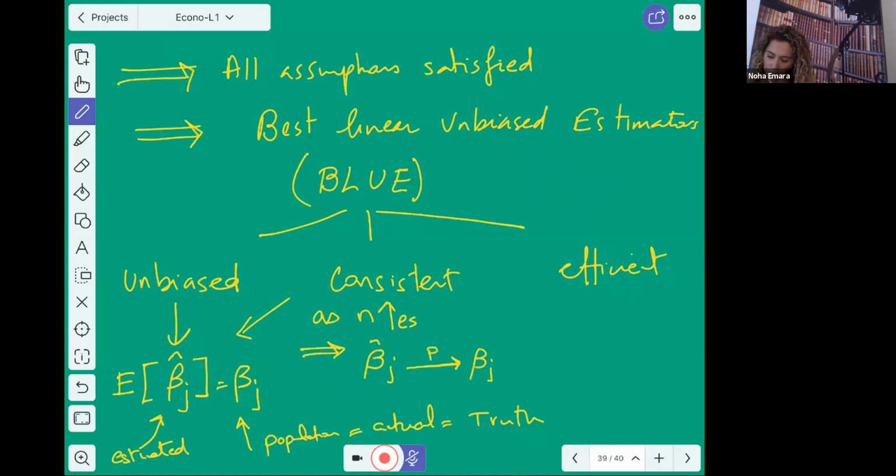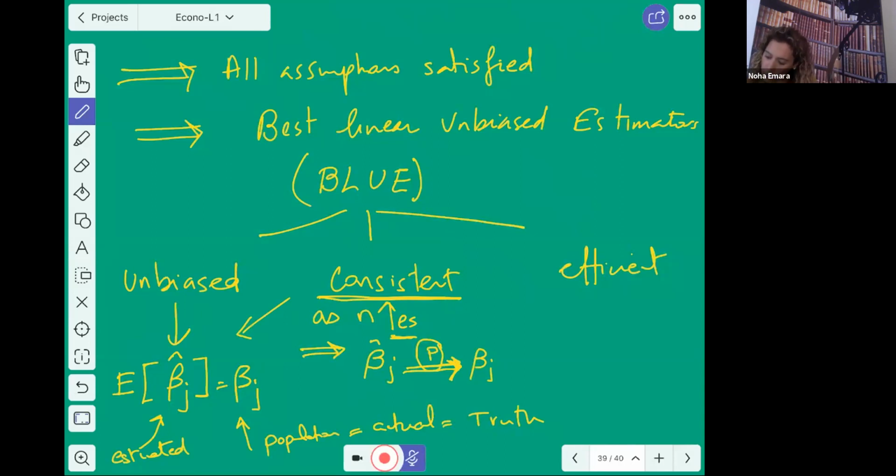I'm going to repeat it again. Consistency is very similar to unbiasedness, but unbiased you can think of as a single point in time: this is equal to this. Consistency is more about achieving this with a very high probability by maximizing your sample size. So as n increases, beta hat j would approach the truth with a very high probability, could be 90%, 95%, 99%.